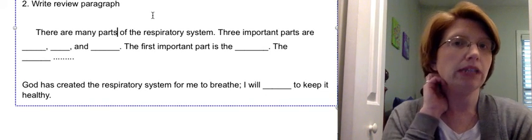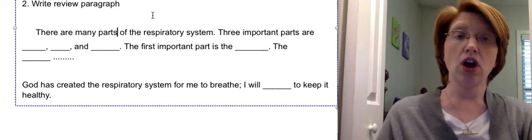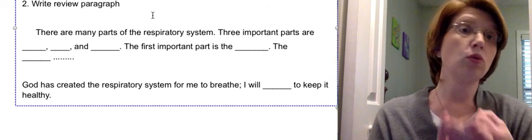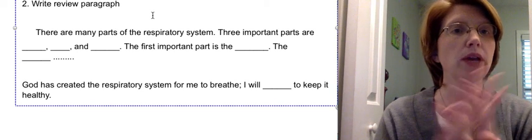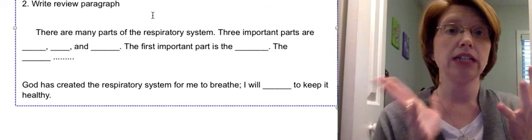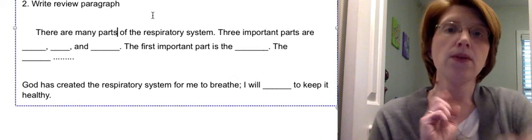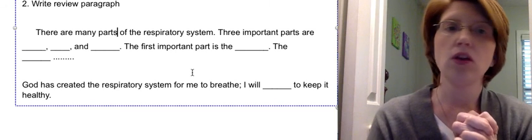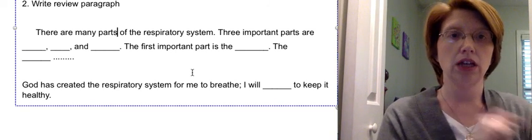Here's your 3 point. 3 important parts are blank, blank, and blank. So there's more than 3, but I want you to pick 3 parts of the respiratory system that you can explain and talk about a little bit more, okay? Remember, when you write a paragraph, you cannot write first comma lungs.